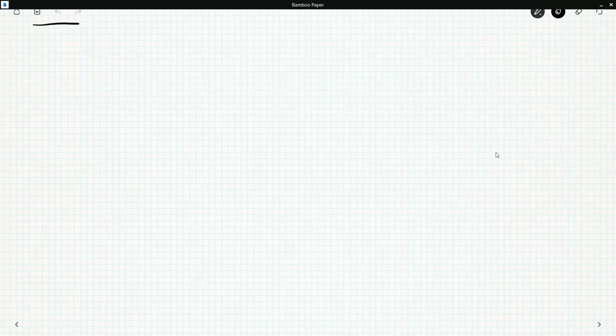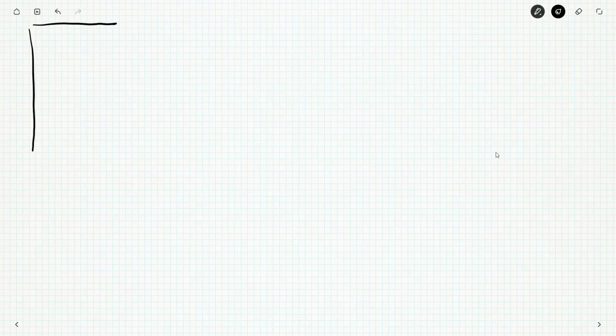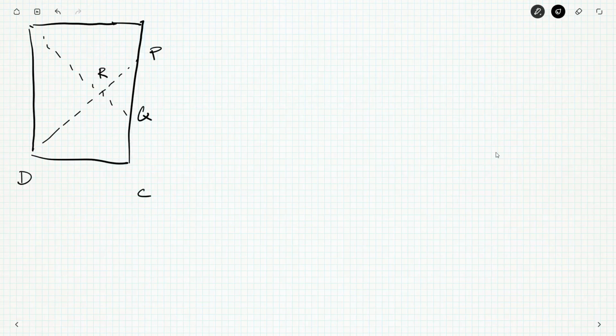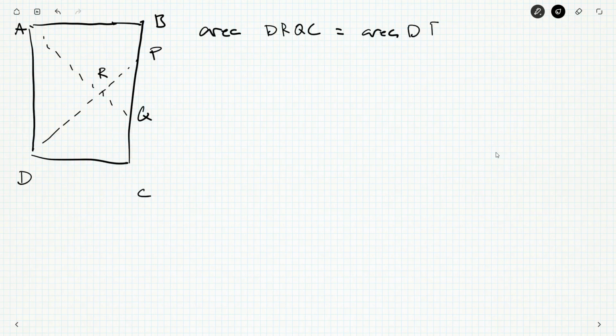We'll draw our finished result picture with all the creases. So I got P, Q, R, C, D, A, B. I noticed that the quadrilateral that I want, the area of DRQC, is the area of a bigger triangle, DPC, minus a smaller triangle, RPQ.